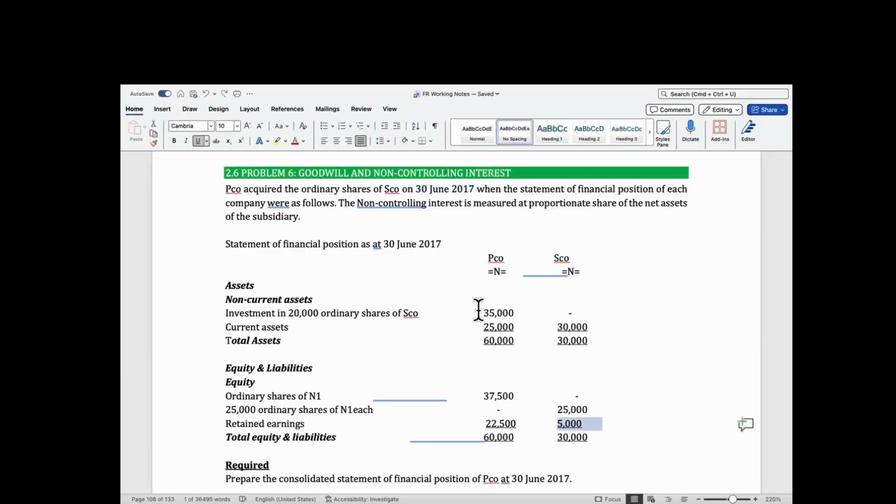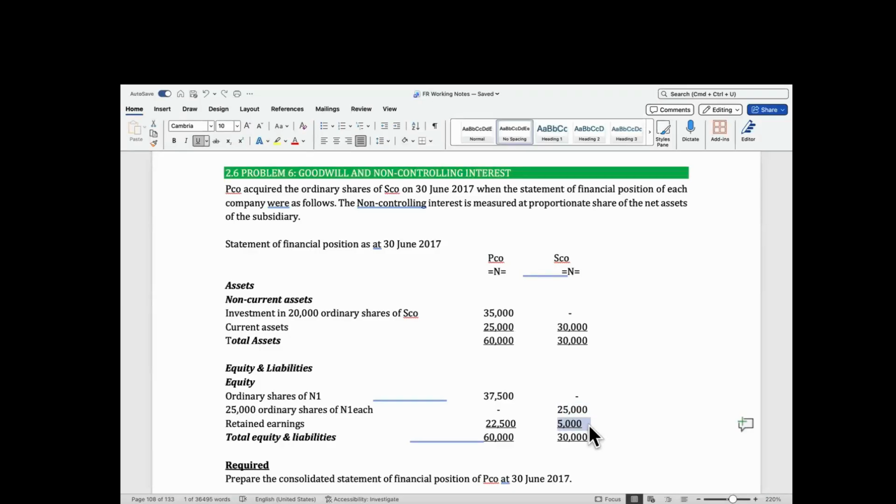So whatever money we are paying, we are also paying for this retained earnings because it is a pre-acquisition retained earnings. But we only bought 20,000 ordinary shares in the subsidiary. Subsidiary has 25,000 shares. That means this 35,000 would cancel out against this.